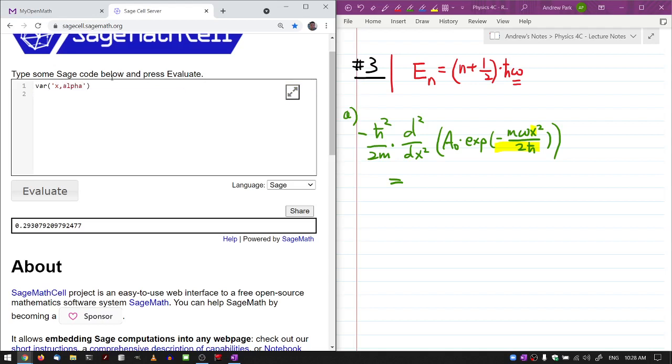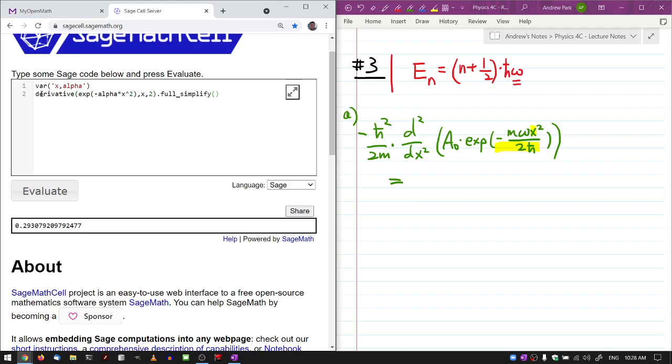To do the derivative, I'm going to imagine factoring out a naught. It's not a function of x, so I can do that. For the derivative, I take the derivative of exponential of minus alpha times x squared with respect to x, second order. And let me also fully simplify.